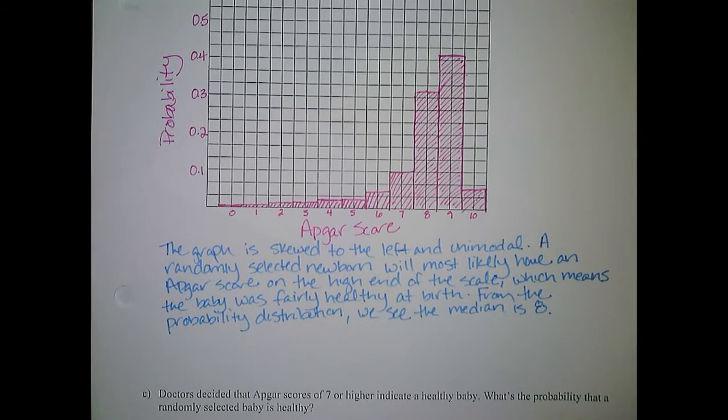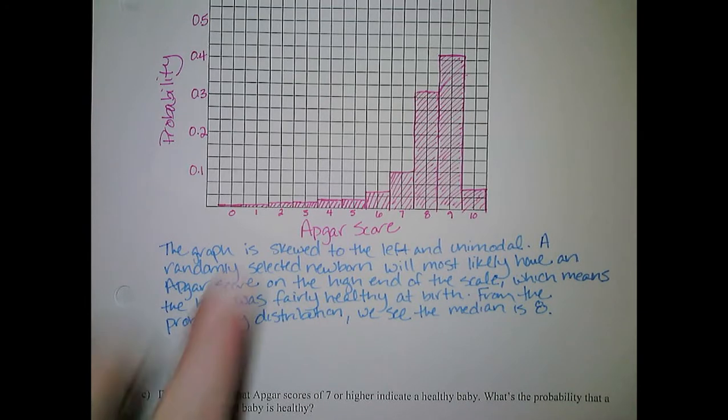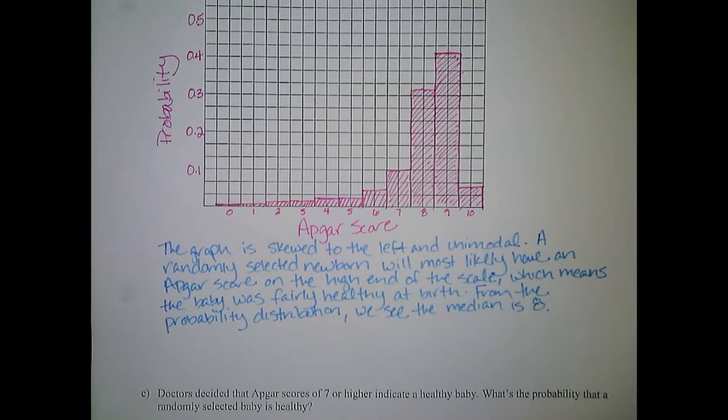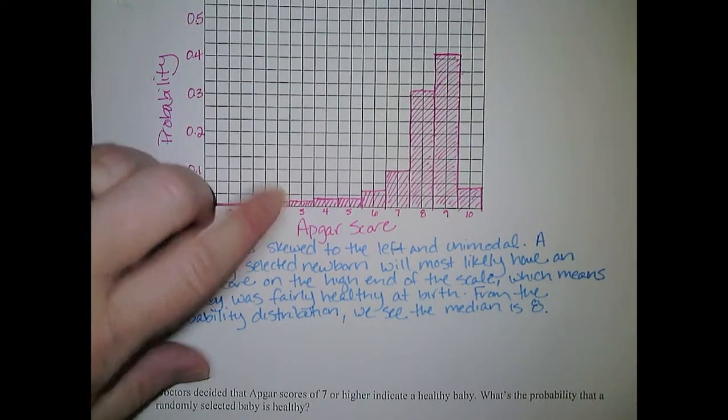We can talk about the spread. Now, we don't really know what the standard deviation is, but we can talk about the spread in terms of the range. We know that the APGAR scores vary from 0 to 10, but we can also be a little bit more specific and narrow it in. Not only do the scores vary from 0 to 10, but really anything less than a 4 is a pretty small probability.